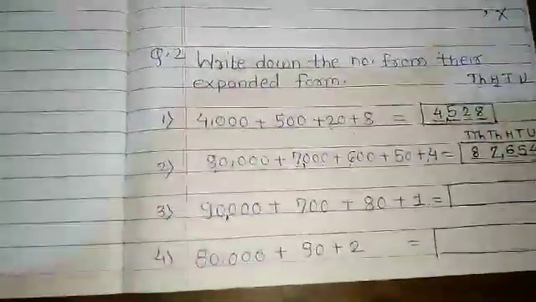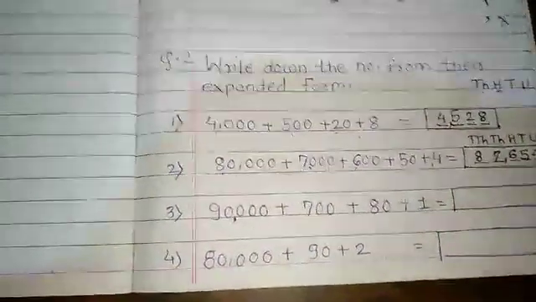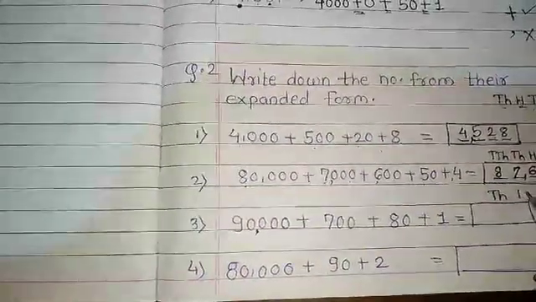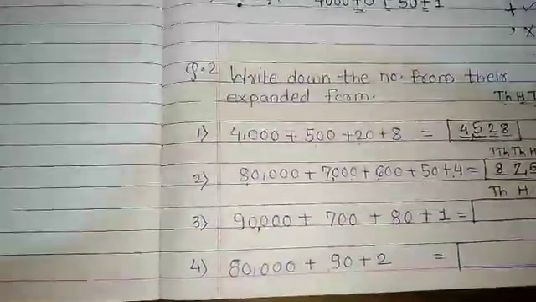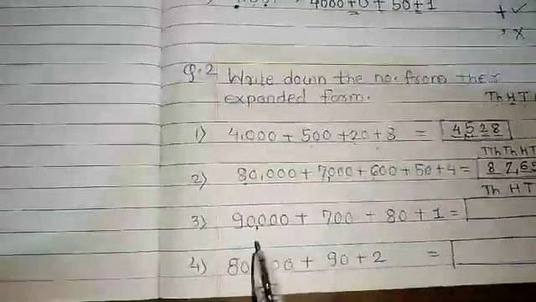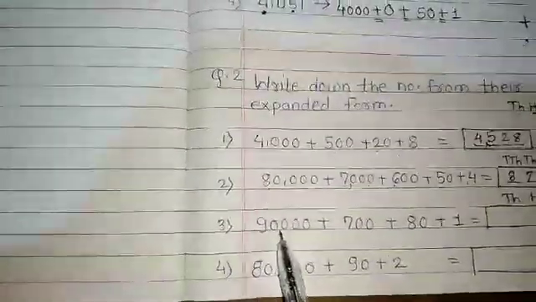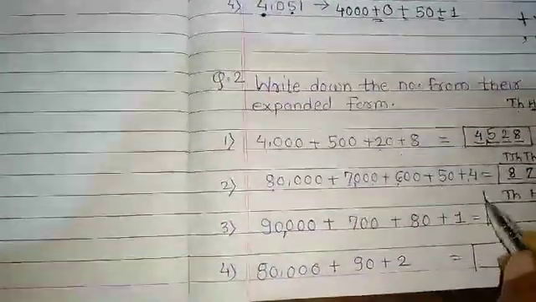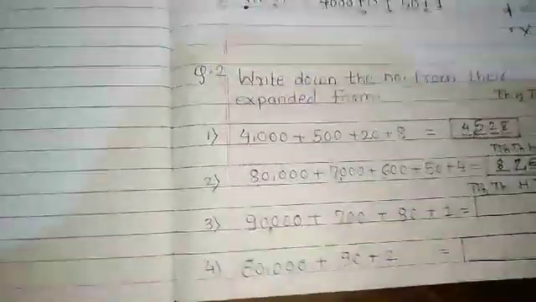Now look at the third example. We are seeing 4 digits, that is 1000, 100, 10 and unit. But look at the first given digit, which is 1 2 3 4 5, a 5 digit number, which means we also have a 10,000 place.